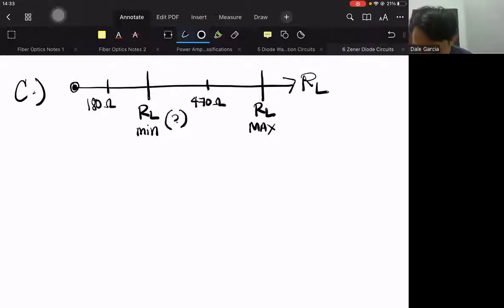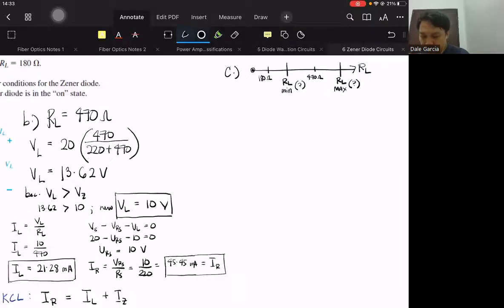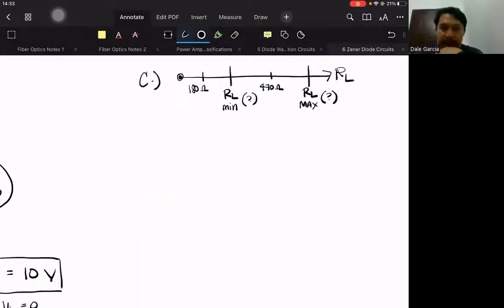So we look for RL min and RL max. I think the minimum is easier, so that is supposed to be D.